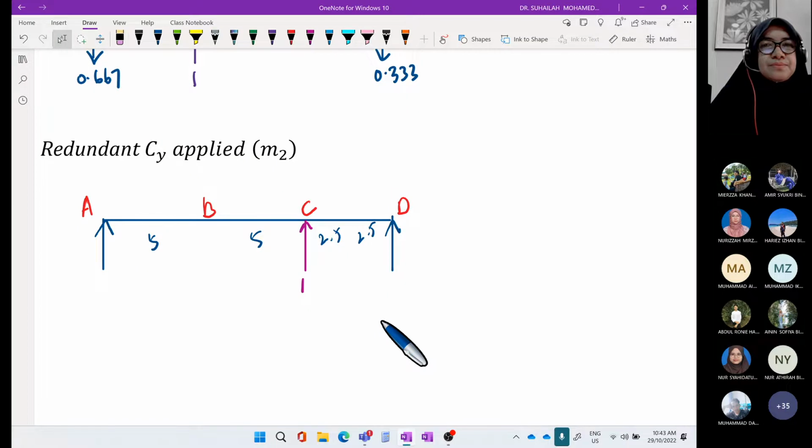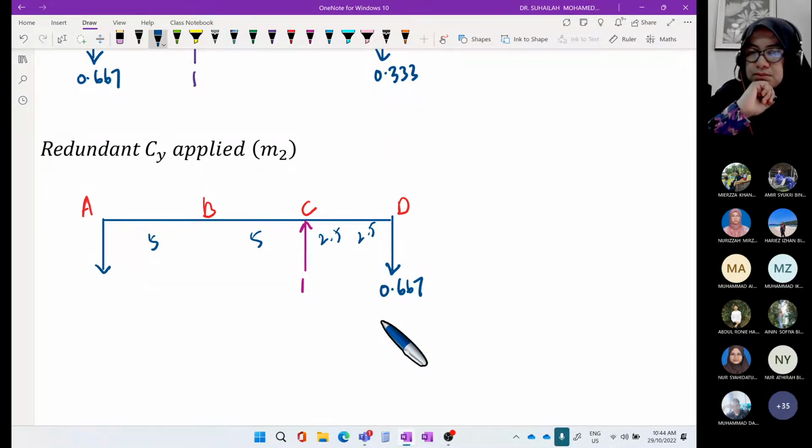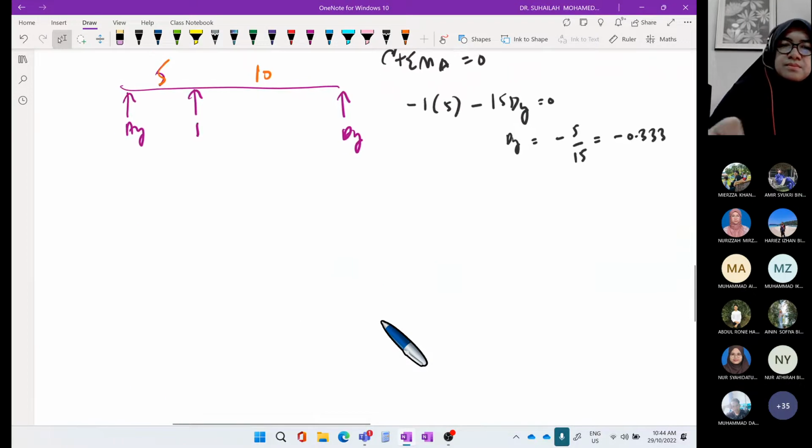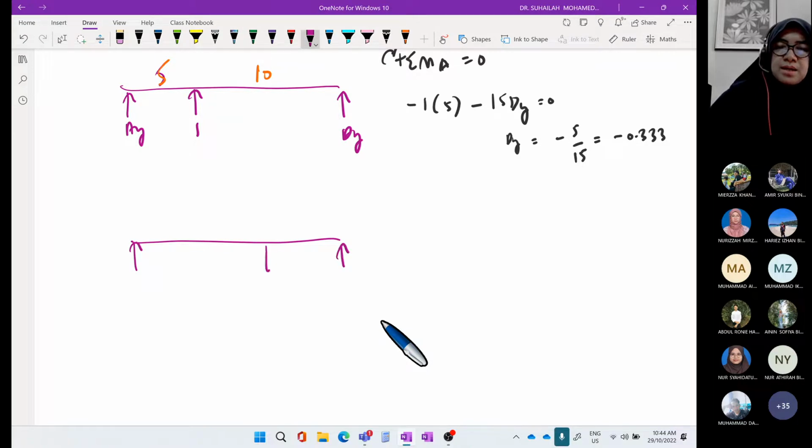Okay, now this one. Redundant CY applied. DY dapat apa? Dapat 0.667 sini? Dengan 0.333 sini? AY, DY, a unit value kat sini.